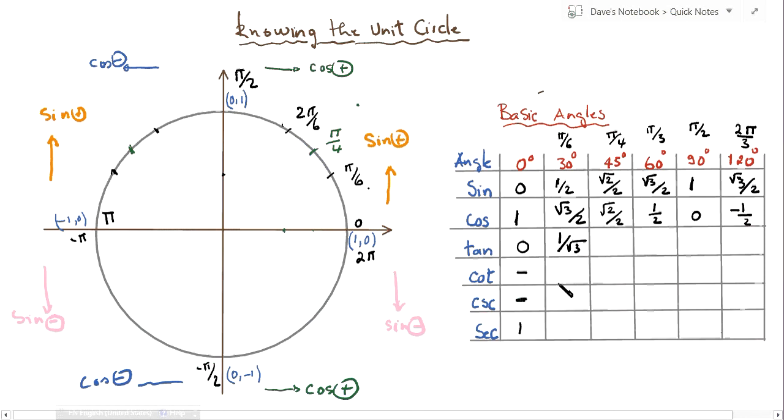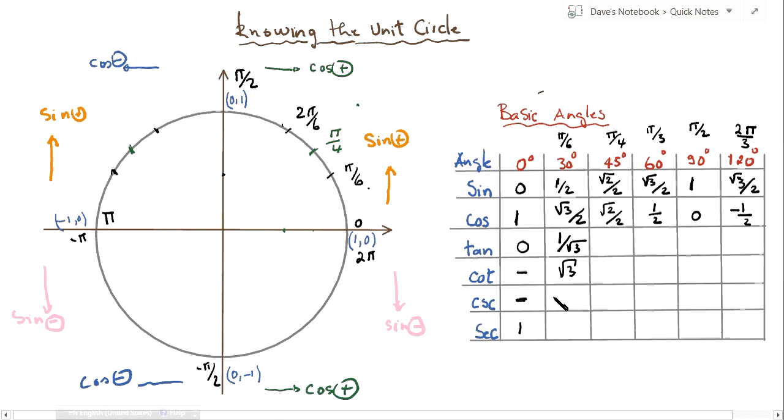And we have the cotangent, which will be the inverse. It will be square root of 3 over 2 divided by 1 over 2. So the 2 will cancel out again, and it's going to give us square root of 3.